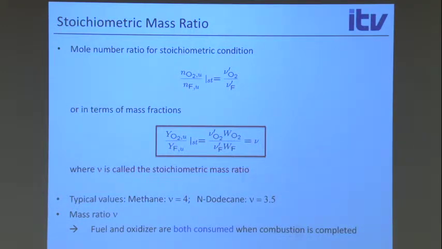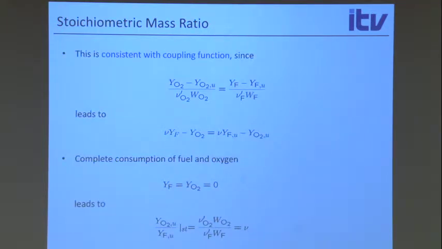Okay, so fuel and oxidizer are both consumed when combustion is complete if you burn these substances with the stoichiometric mass ratio. This again is consistent with the coupling function, because this is exactly the coefficient that appeared there.